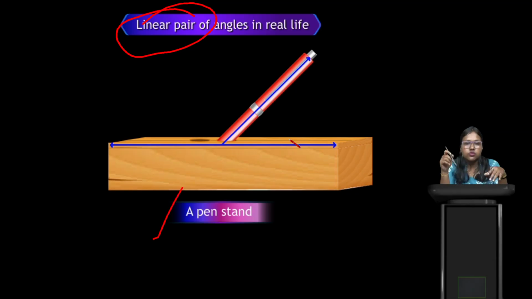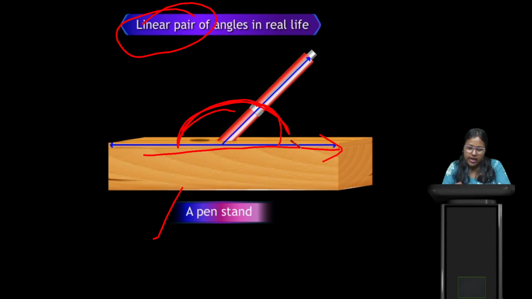You can see pen stands at home or in your school. If you hold a pen in the stand, it always makes some angles. If you add both angles, the total is 180 because it forms a straight angle.